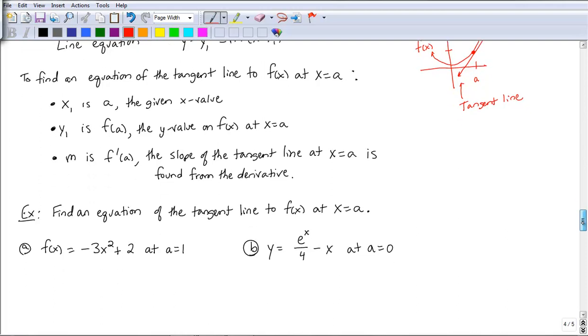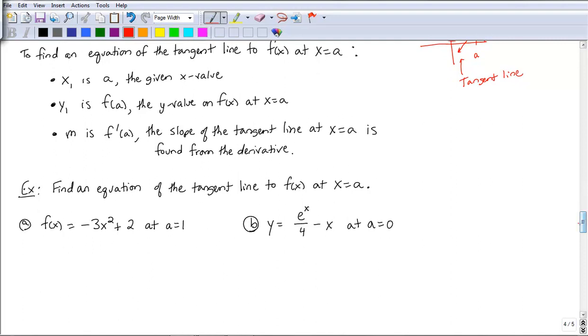So let's do the first example here, example A. Let's just find the equation of the tangent line to negative 3x squared plus 2 at a equals 1. And here is my line equation, y minus y1 equals m times x minus x1. And I know that my x1 is the given x value, which is 1.